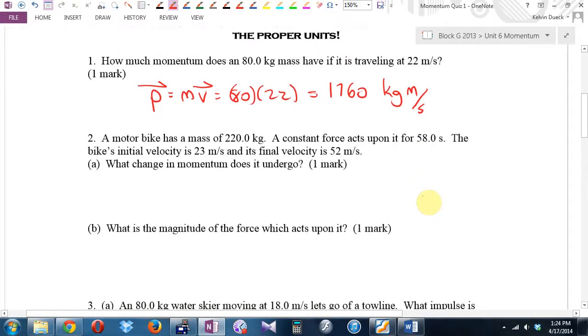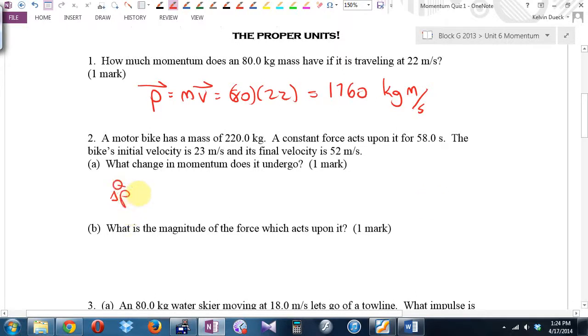A motorbike has a mass, check. Constant force acts on it for 58 seconds. Okay, right now I'm thinking force times time, but maybe not. Bike's initial velocity is 23. Its final velocity is 52. Actually, I'm not thinking force times time. Part A asks, what's the change in momentum?